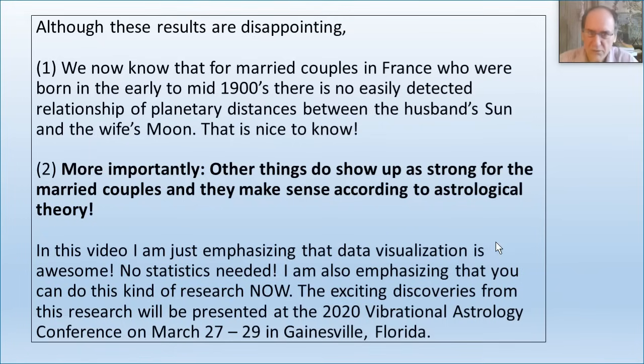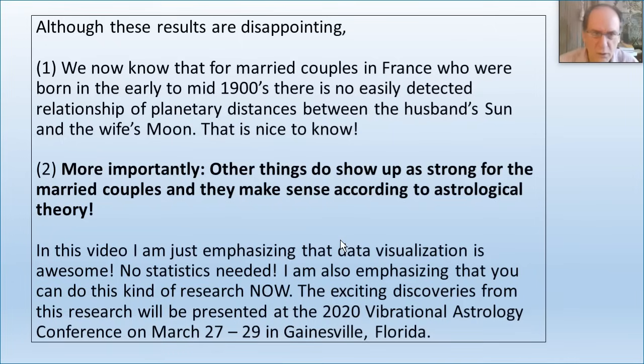These discoveries are made just by looking at the graphs, with no statistics needed. I mean, we are counting how many people there are and things like that, but we're not doing statistical tests. We're just looking at the graphs and seeing if anything in the graph connects with what we would expect astrologically.